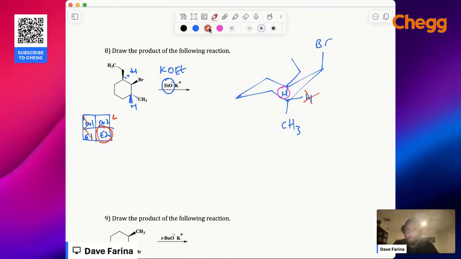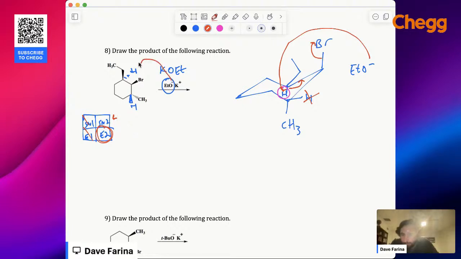So what we're going to do is say here's ethoxide. Ethoxide is going to go over here and get this proton. These electrons will go to form a pi bond there, and then the leaving group will leave. And I'll draw that over here too, just to be clear.